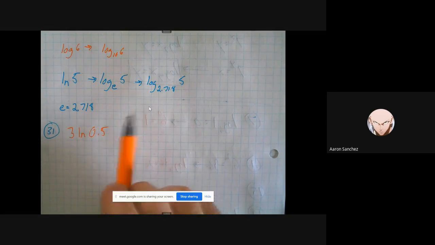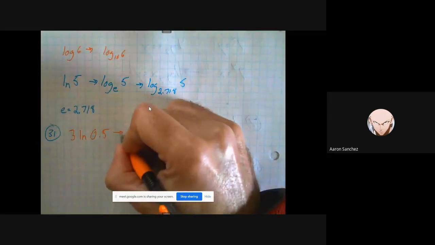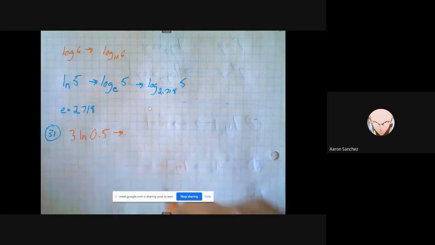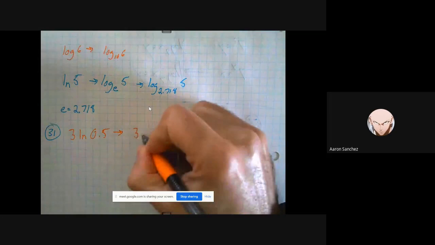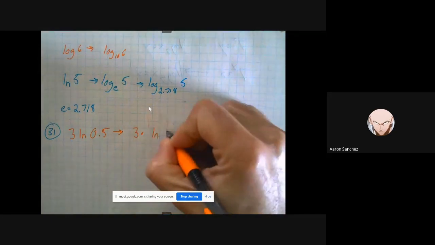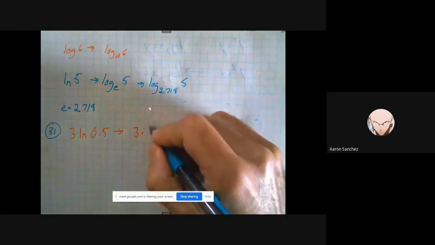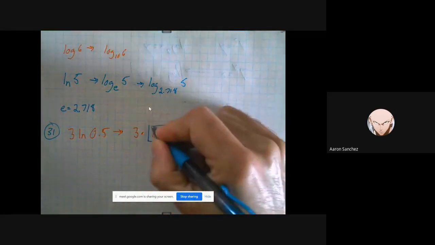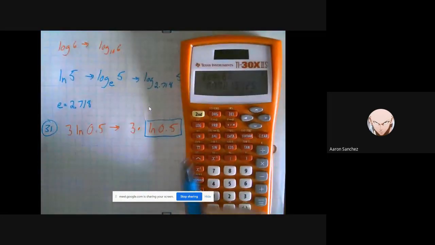If that's confusing, let's do this one, and this is all you really need to know about this. To calculate 3 times the natural log of 0.5 on your calculator, let's first find the natural log of 0.5. All you need to know is that on your calculator, the natural log is this button right here.